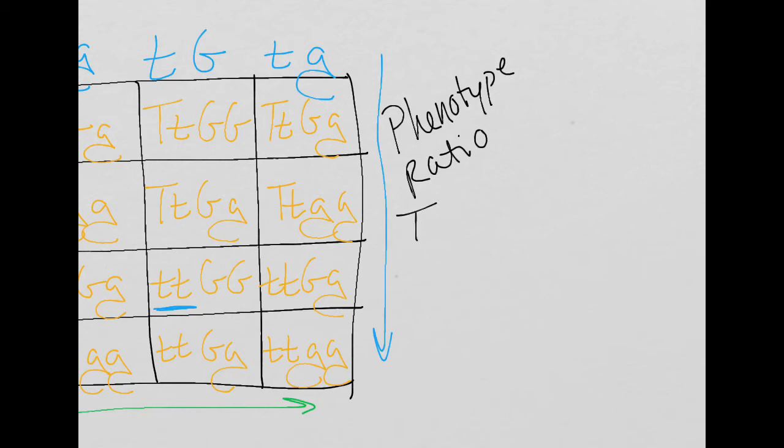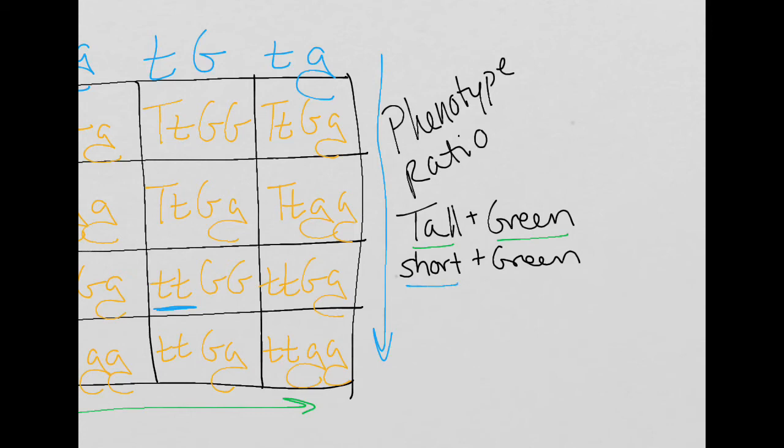There's going to be tall and green, basically dominant for both traits. There's going to be short and green. So if I color code, right, dominant, dominant, or recessive, dominant.